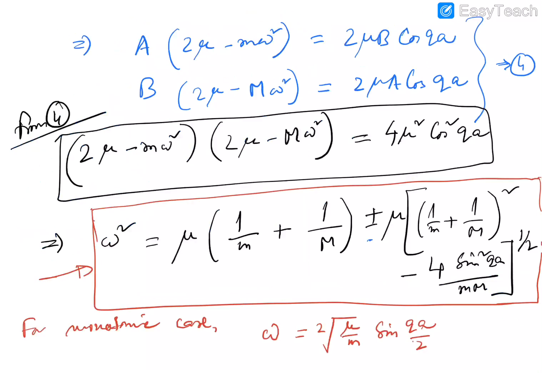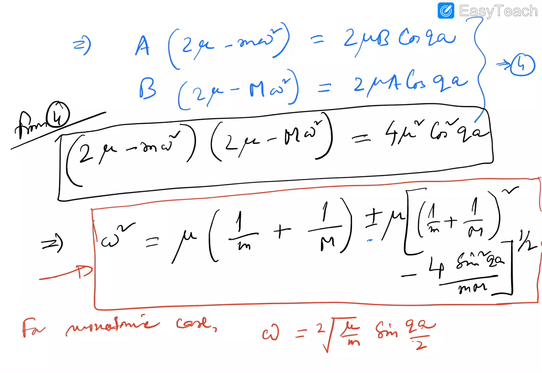So now omega minus will be equal to root over 2 mu by m, considering capital M is very much greater than small m.